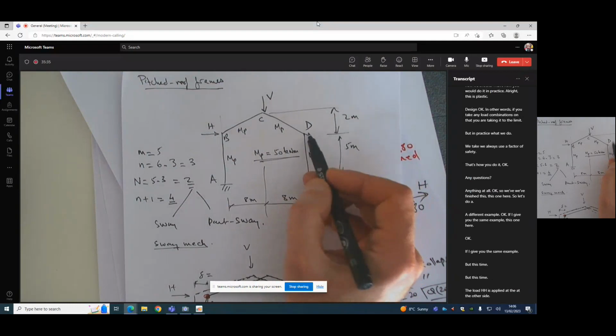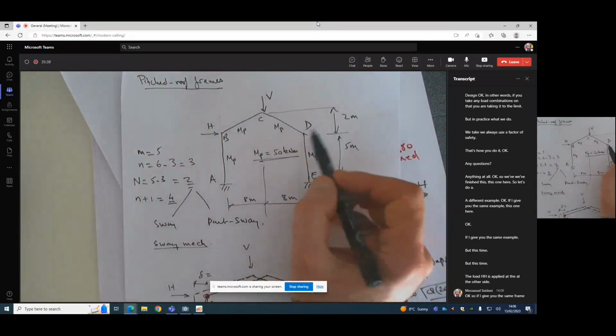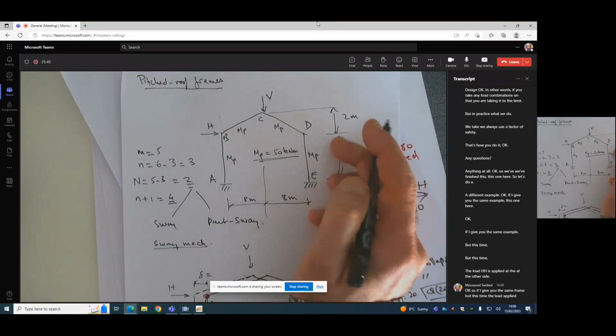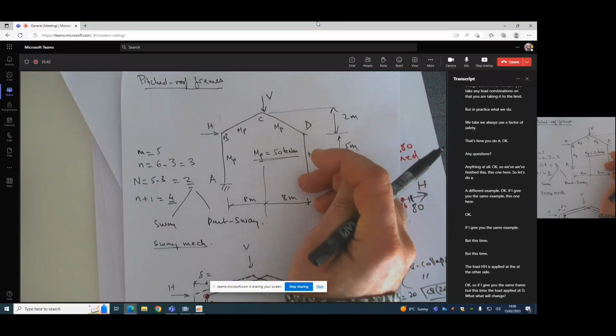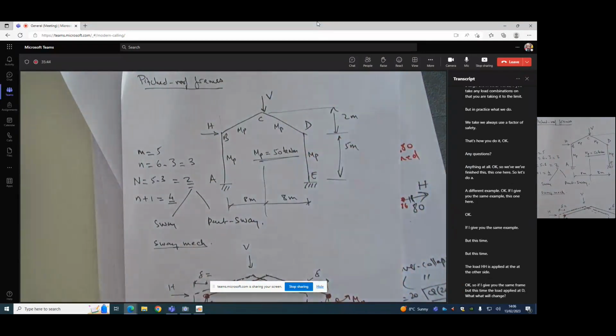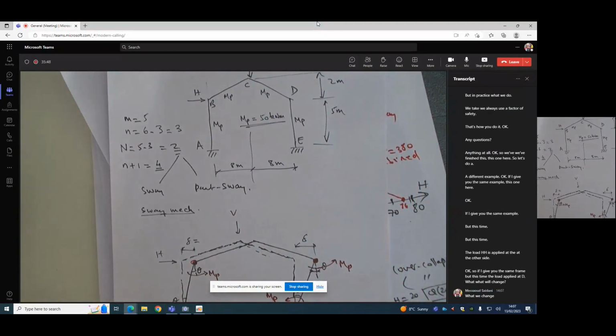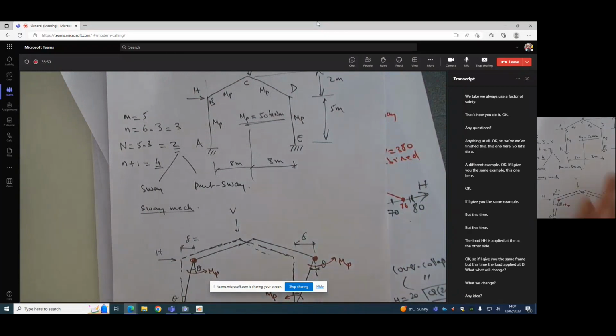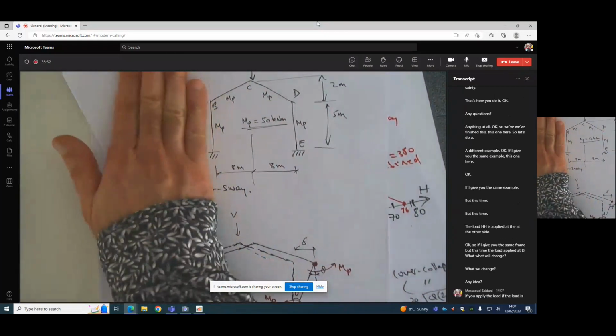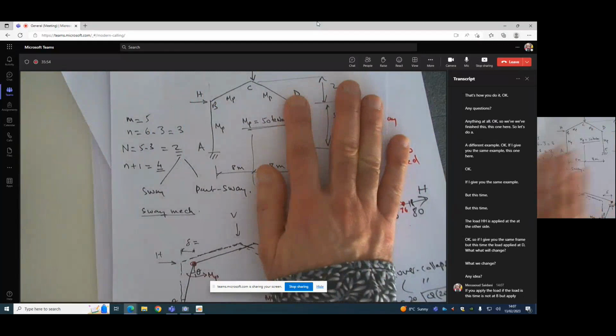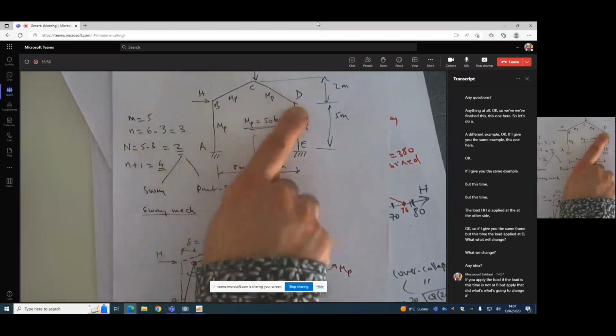Okay? So if I give you the same frame, but this time the load applied at D, what will change? Any idea? If the load is this time not at B, but applied at D, what's going to change if you apply the load at this end?